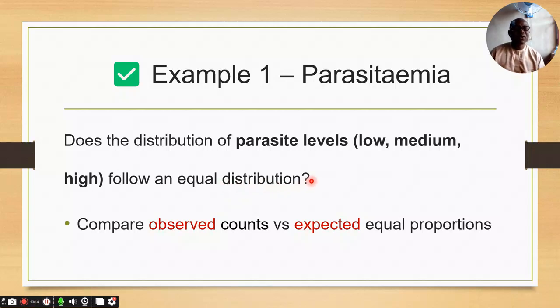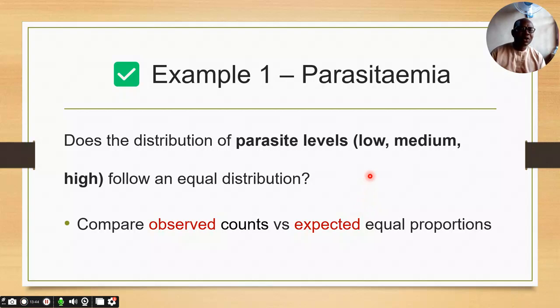Usually when we deal with chi-square test of goodness of fit, we are trying to make a claim in favor of the null hypothesis, stating that, well, at different parasitic levels, the distribution is actually the same, low, high. So now, if this is actually true, we expect that they will have the same level. That is the whole essence of goodness of fit test.